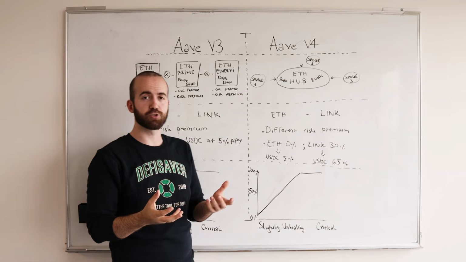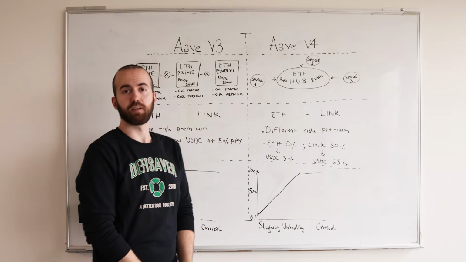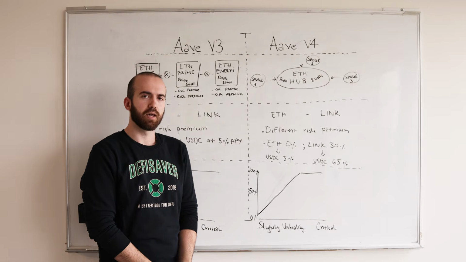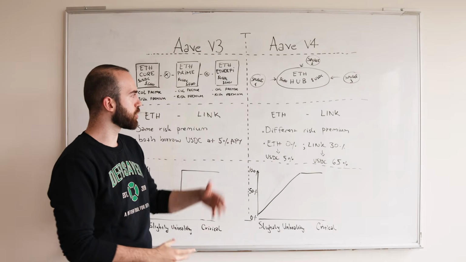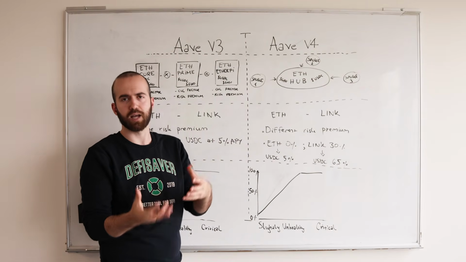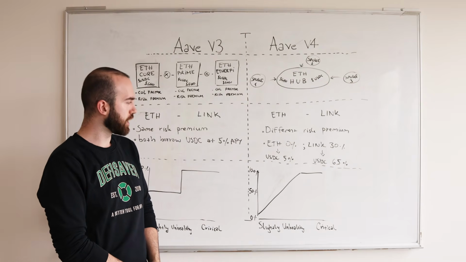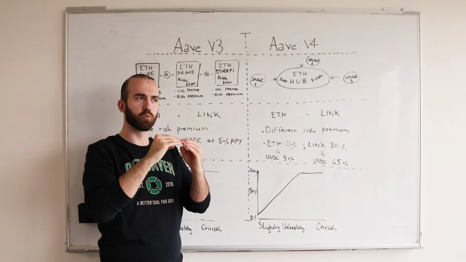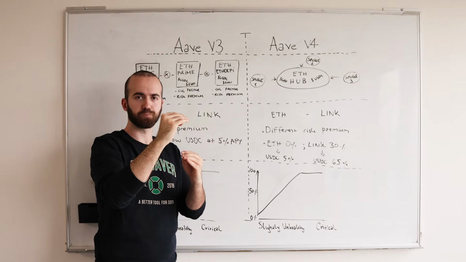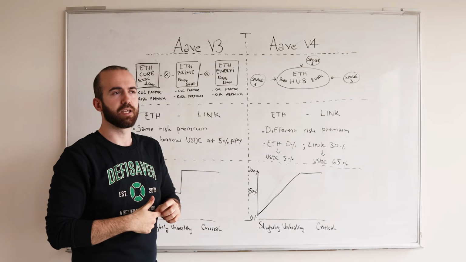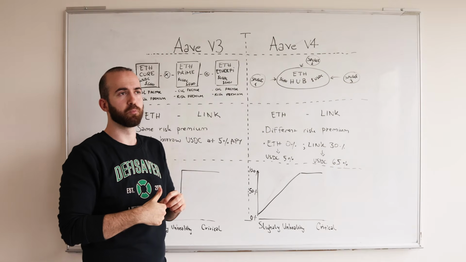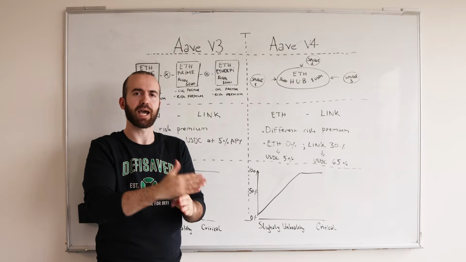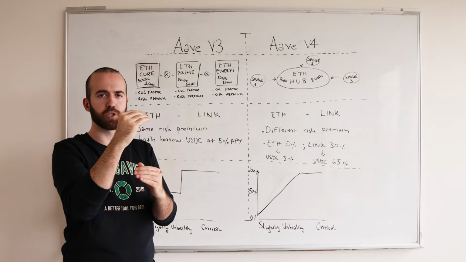Now, there's a metric called target health ratio that's basically going to be at a spoke level. And it says, okay, if you're interacting with this spoke, with this collateral, if you get liquidated, if your position becomes unhealthy, this is the health ratio that it will be repaid to. So if a spoke might want to decrease the number of liquidations that could rapidly happen, it would have a higher target health ratio.